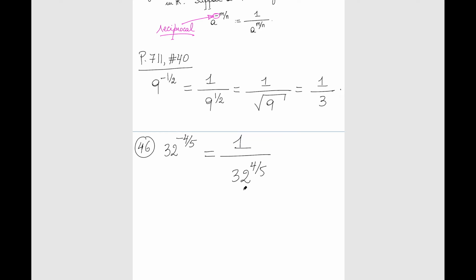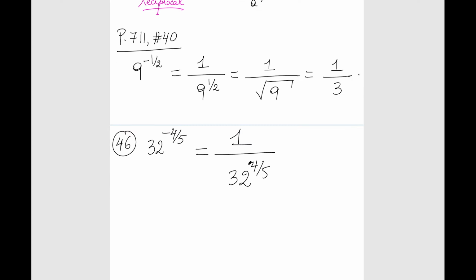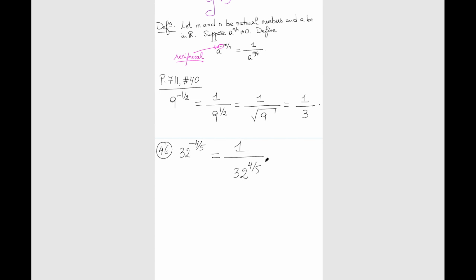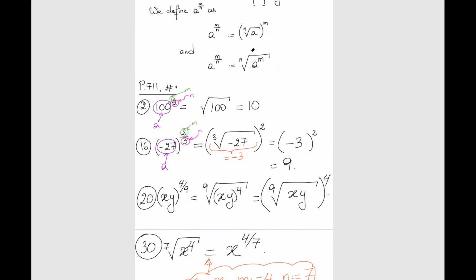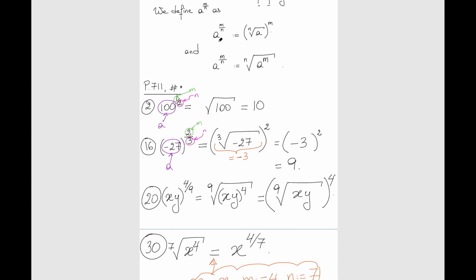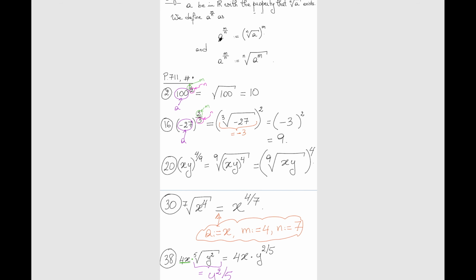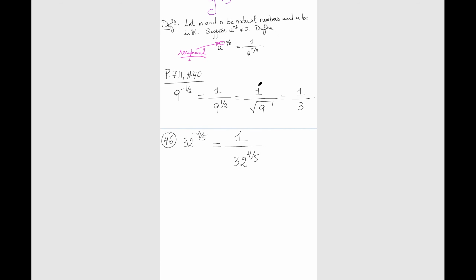Now I want to simplify this if I can. We're going to go back to these definitions. We have 32 to the power 4 over 5. That's going to be the fifth root of 32, to the power 4.